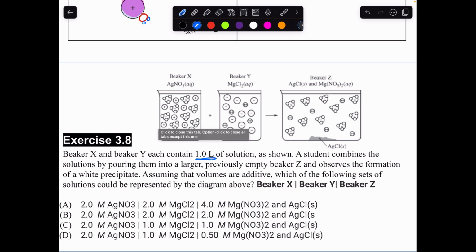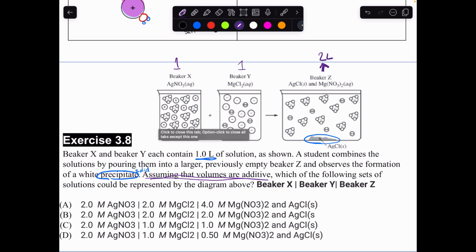We're going to learn more about precipitants in Unit 4, but that just means you have a solid in the bottom, which is what this little clump is representing. This sentence, assume the volumes are additive, is saying that this beaker would now have 2 liters because these were both 1.